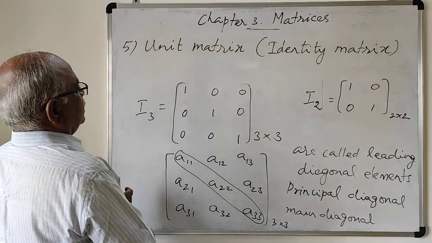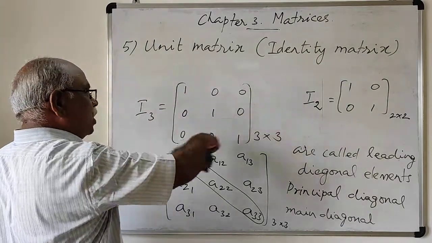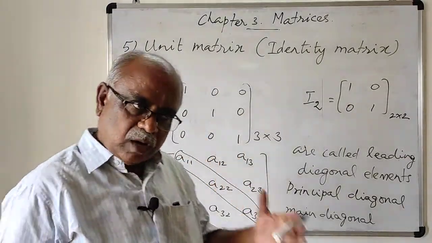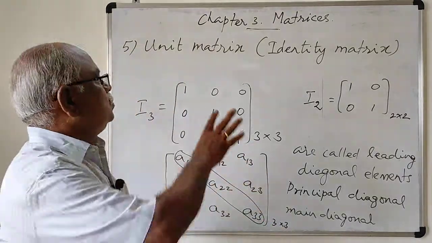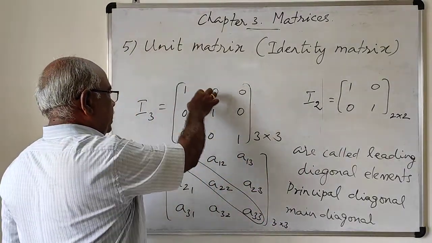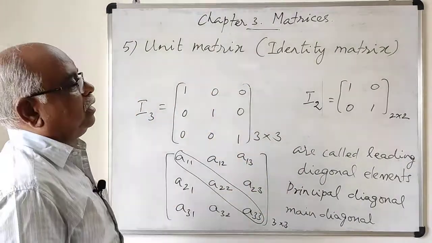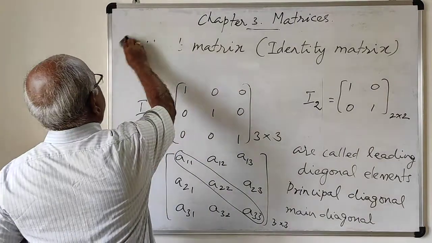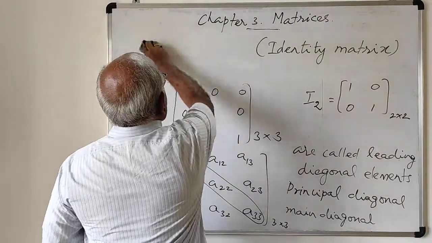Next, scalar matrix. A diagonal matrix is also a square matrix, and a unit matrix is also a square matrix in which the main diagonal elements are 1, all other elements are 0. Next, sixth one is scalar matrix.